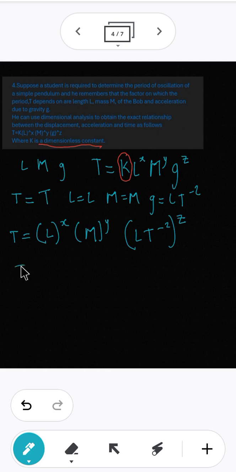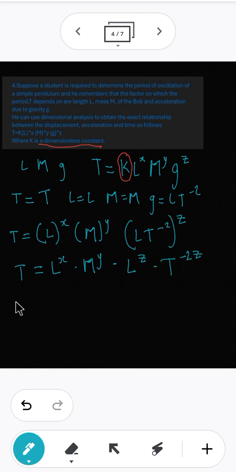Understand? Now, obviously, from indices, when you open the bracket, the power multiplies all the individual components of the bracket. So we're going to have L raised to power x multiplied by M raised to power y multiplied by, now this z is going to multiply both this and this. So we have L raised to power z from indices, and T raised to power minus 2 times z gives minus 2z.